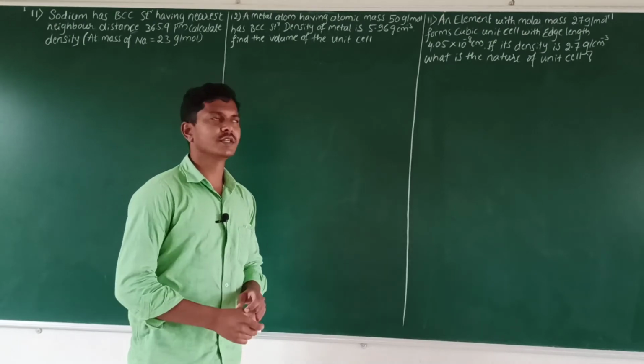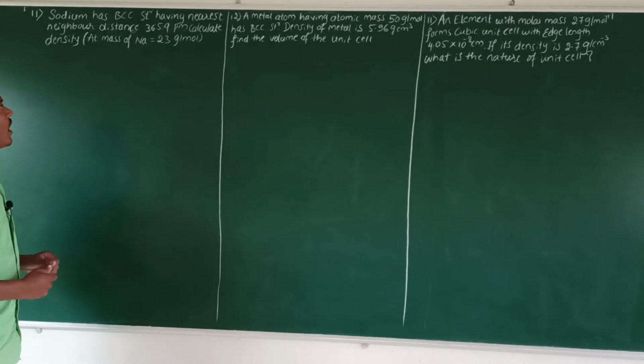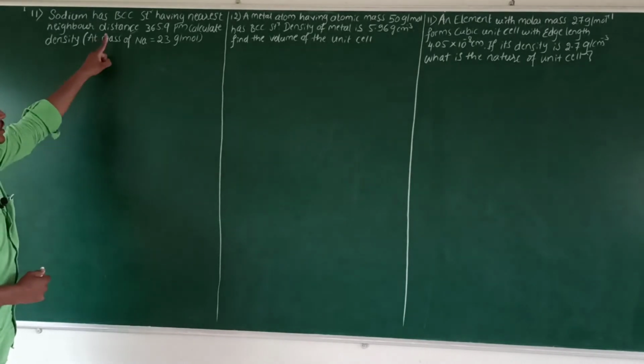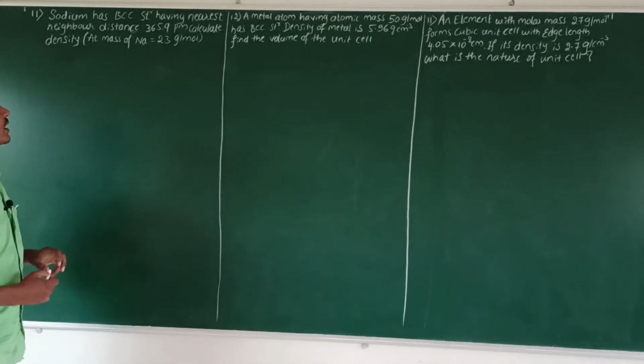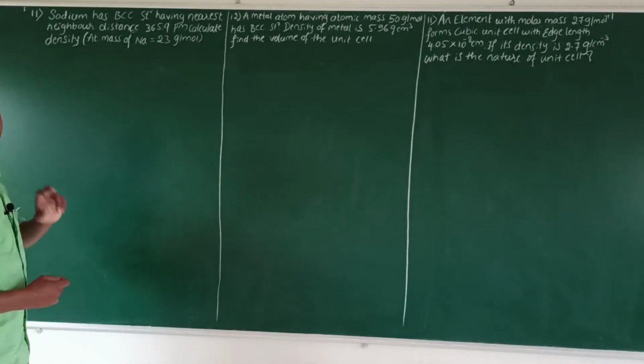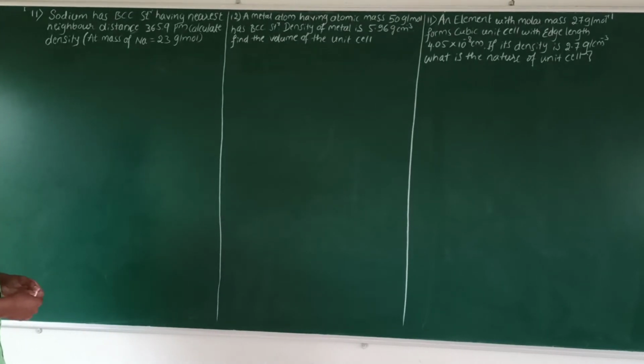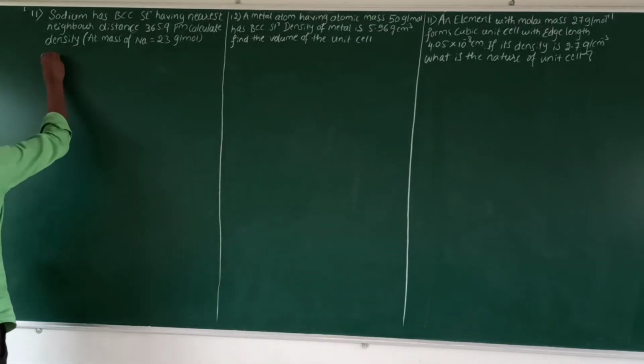Okay, next question: sodium has a BCC structure having a nearest neighbor distance of 365.9 picometer. Calculate the density, and the atomic mass of sodium is 23 gram per mole. Okay, solution.